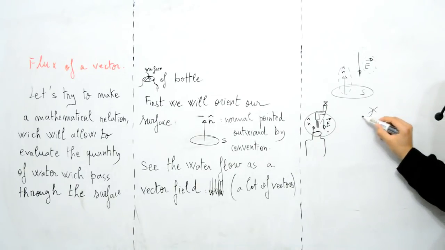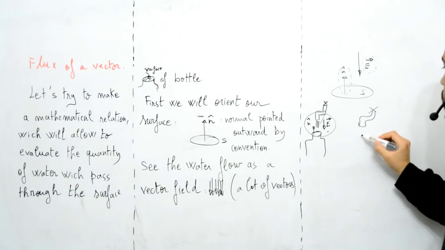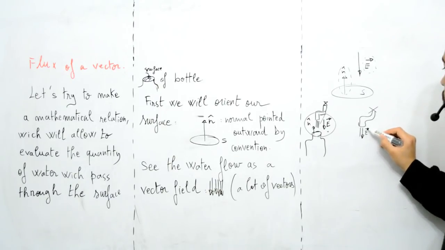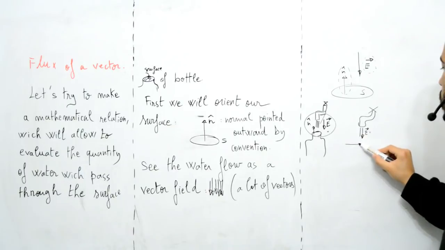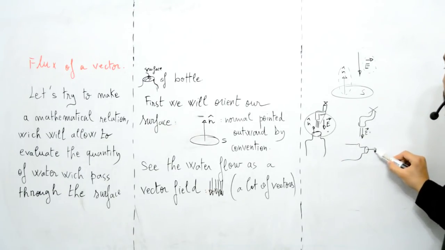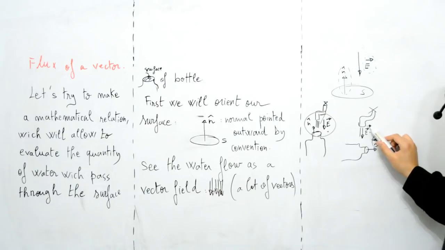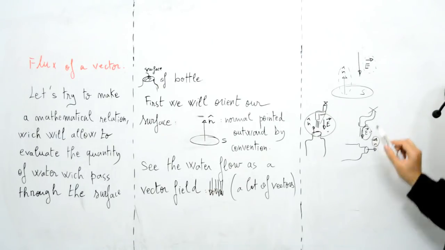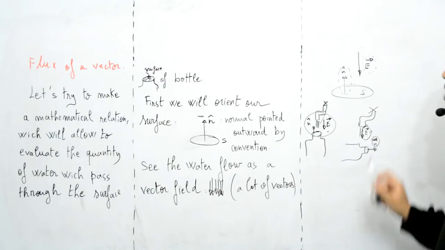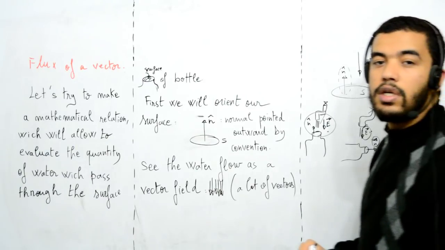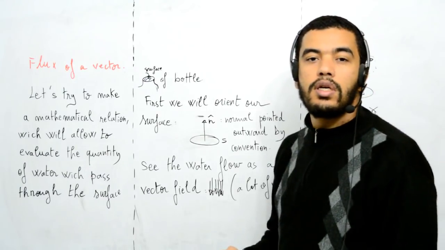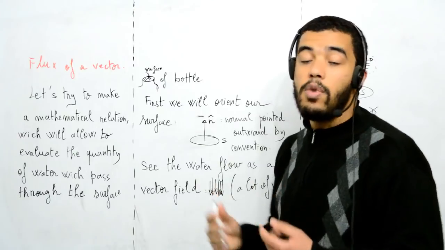And in this other situation, if this normal is exactly perpendicular to E, my flux is 0, minimum.